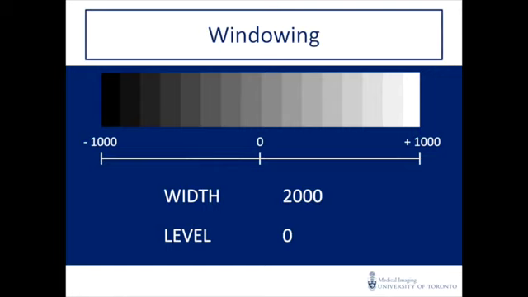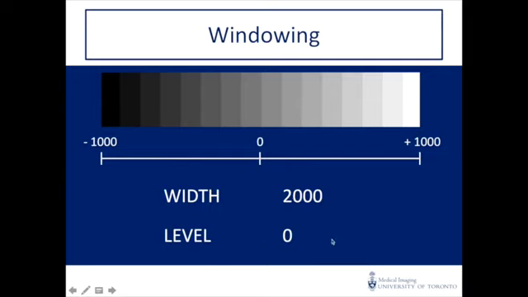The distribution of shades of gray on this slide ranges from -1,000 to +1,000. The shades of gray are distributed over 2,000 Hounsfield units, so the window width is 2,000. The window level is the number that the distribution is centered on. In this case, it's 0. A width of 2,000 and a level of 0 defines this particular window.